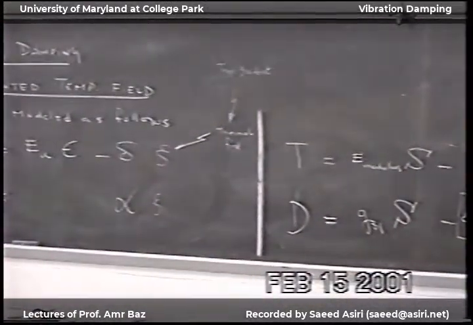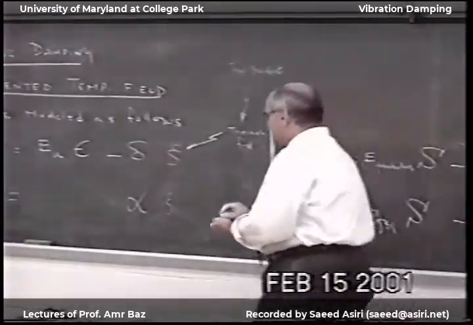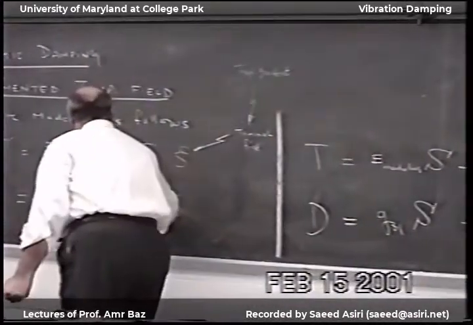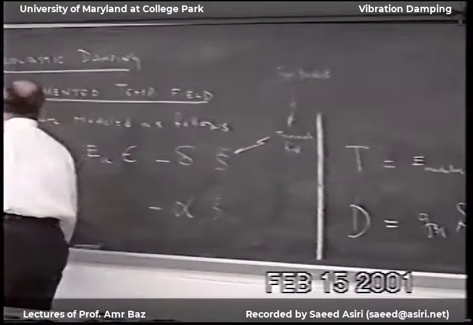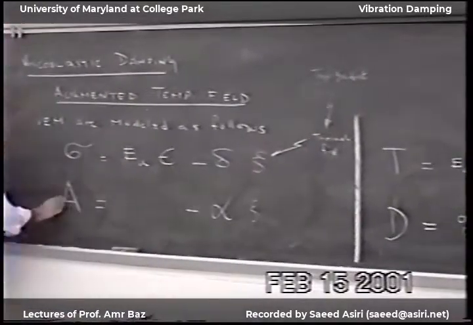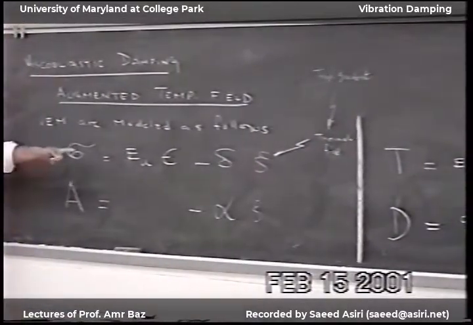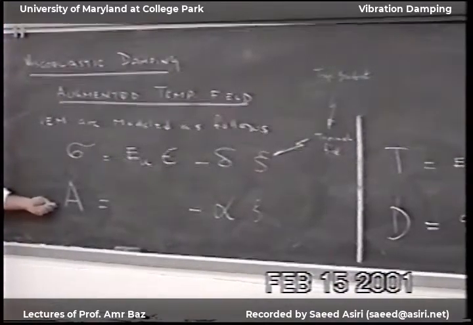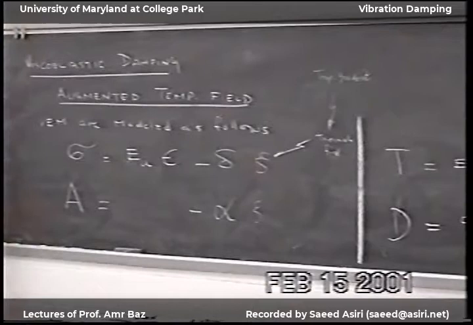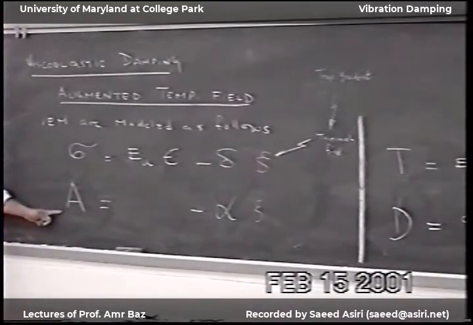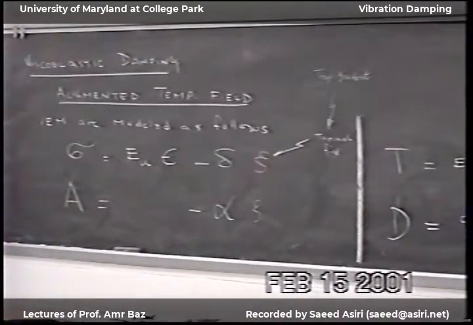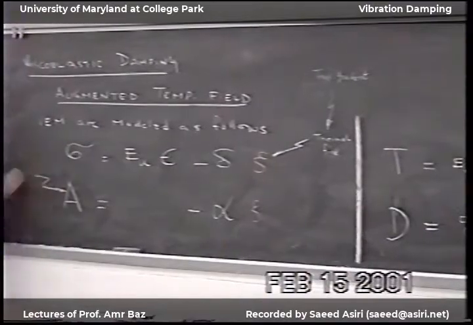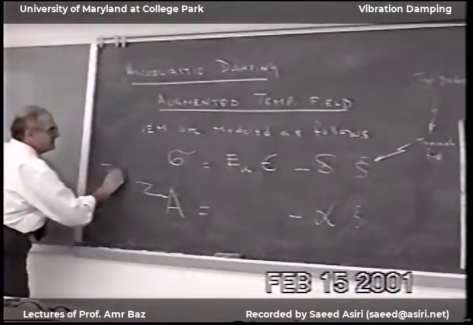Very similar. I'm going to preserve the signs and everything. So exactly like instead of electric displacement, I'm going to generate thermal displacement. Thermal displacement. This is called affinity. This is thermal affinity.